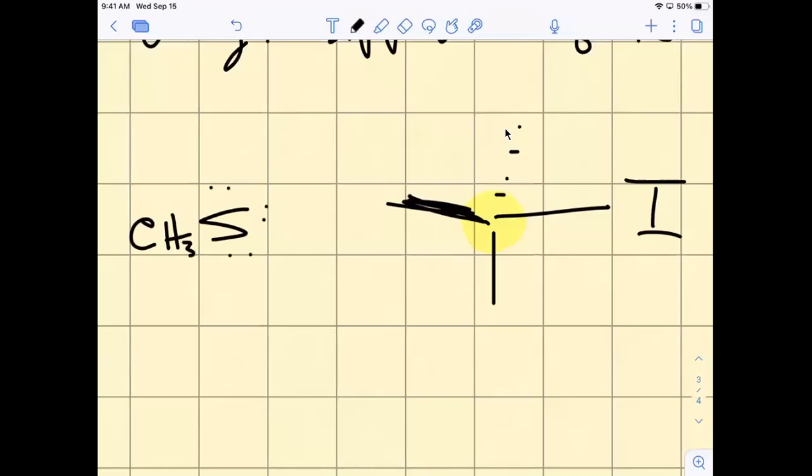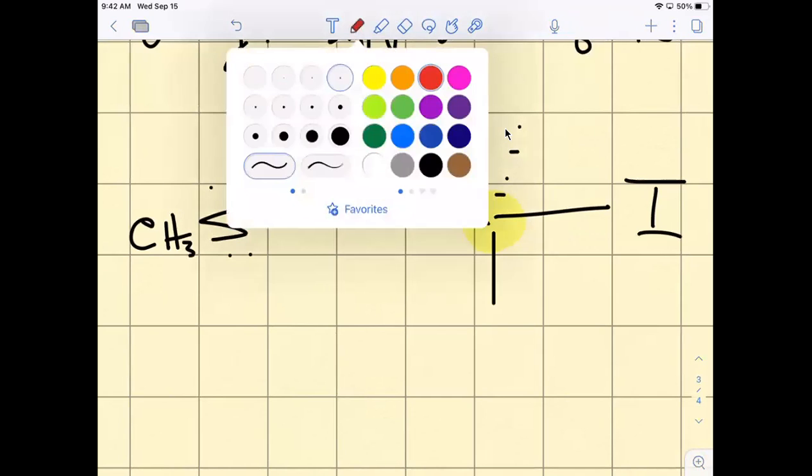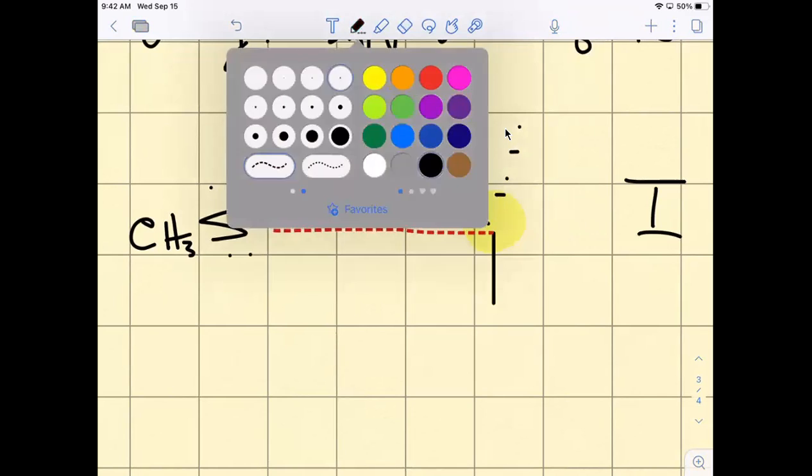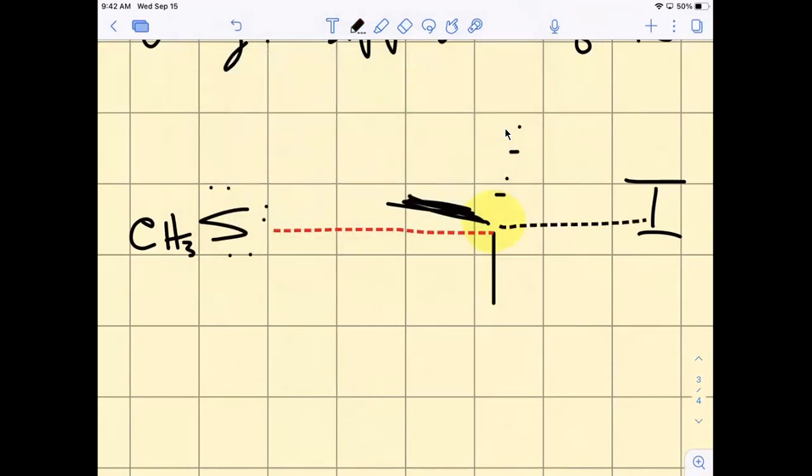remember it's not going to come from the same side because of sterics, and so it's going to come in from the opposite side. So it's going to attack from here, like so. And then by the same token, the carbon-iodine bond is going to be broken, right?